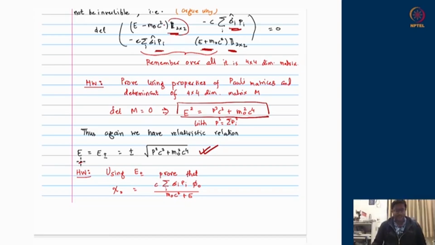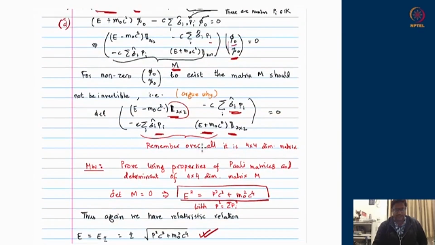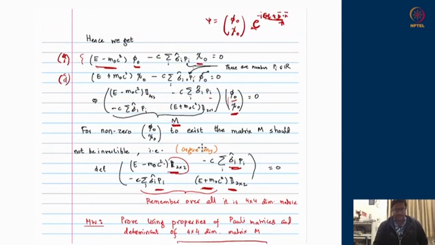Okay. Now, once we know that E is plus minus the same previous quantity, it is easy to prove that from the first equation I know how chi naught is related to phi naught.